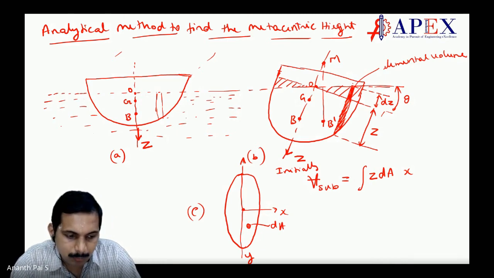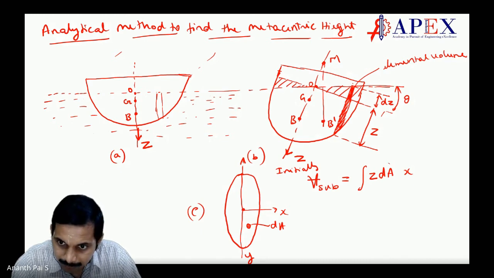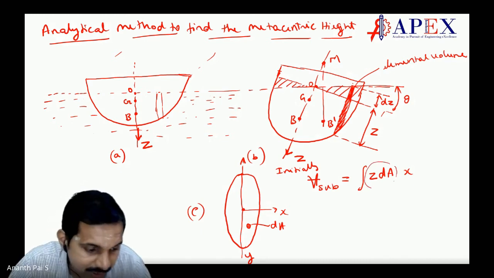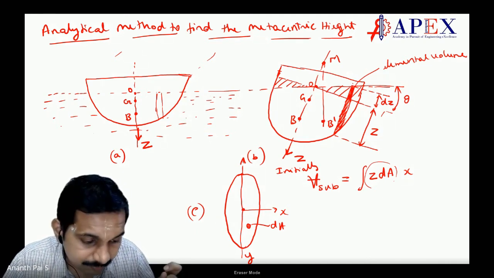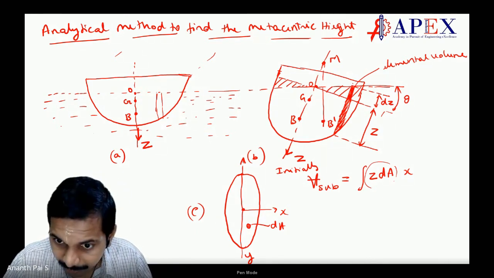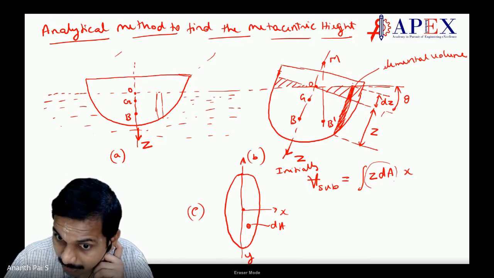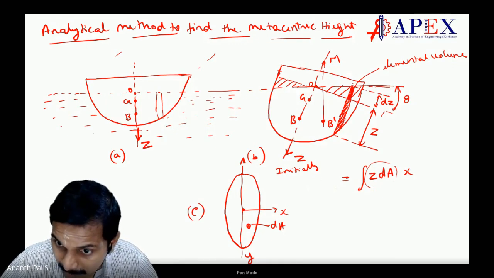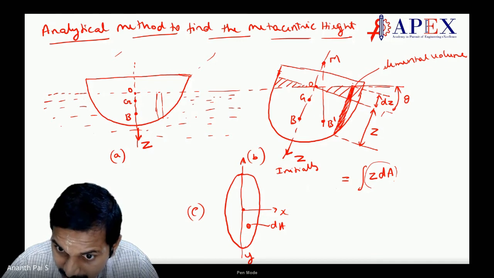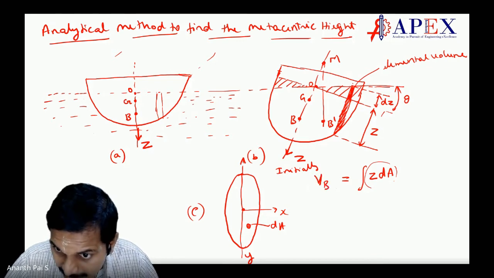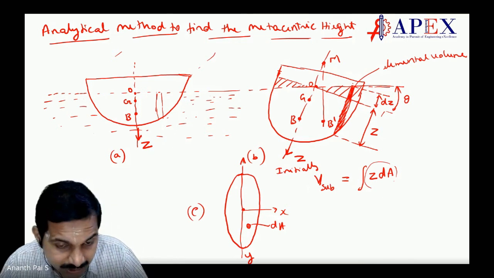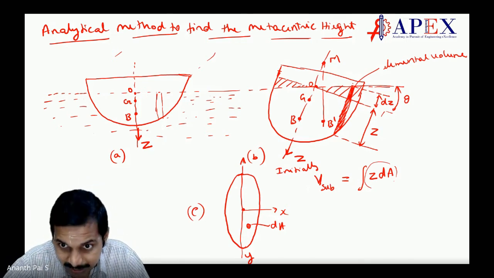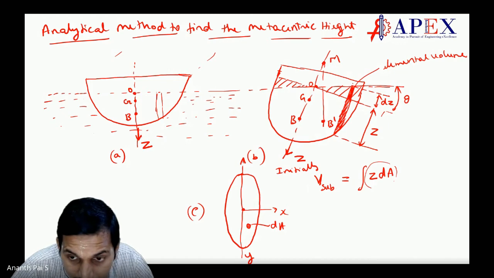Initially, V_s, the volume submerged, is equal to the integration of z dA. Z is below the zero line.